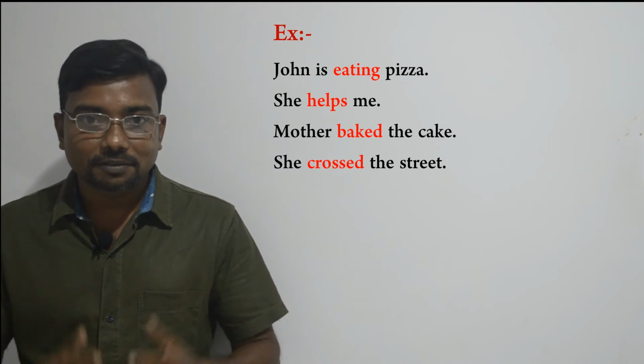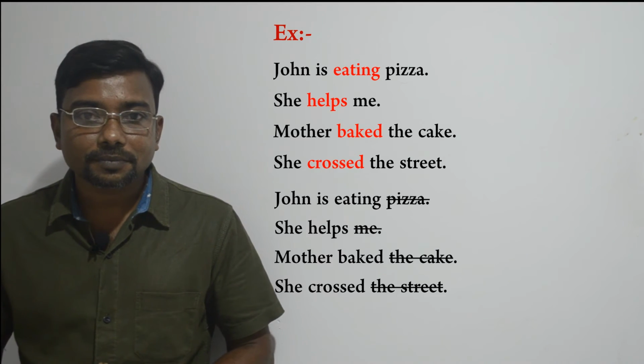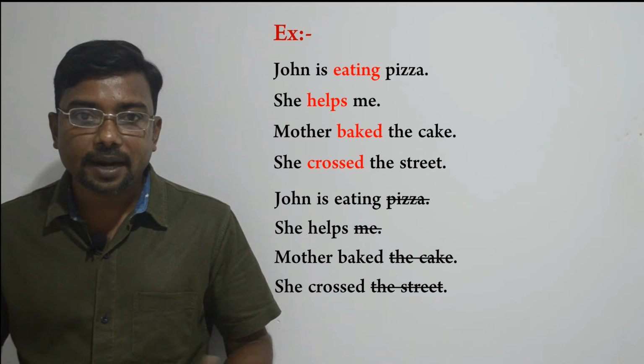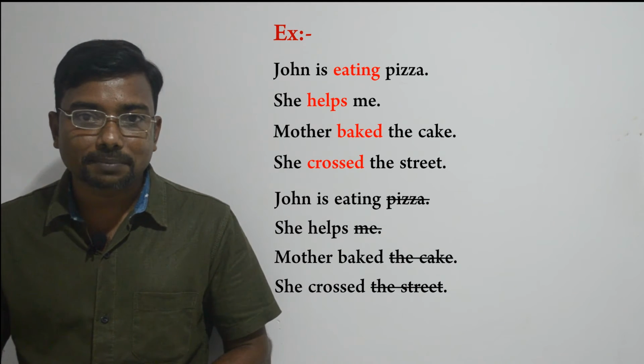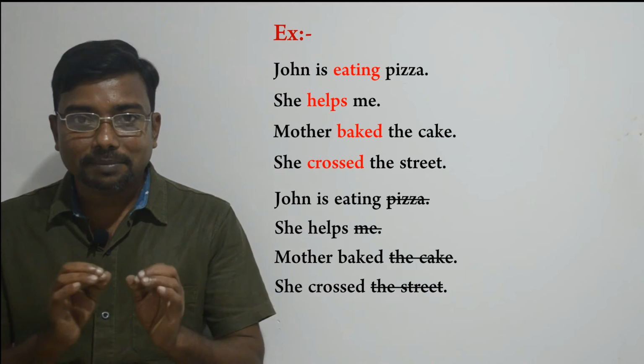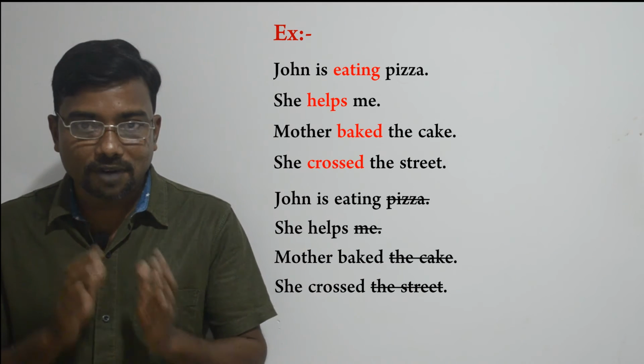For example, John is eating. She helps. Mother baked. She crossed. These are uncompleted sentences. So therefore remember, a transitive verb always is followed by the object of the sentence, and it always requires an object to receive that action to make a complete sentence.